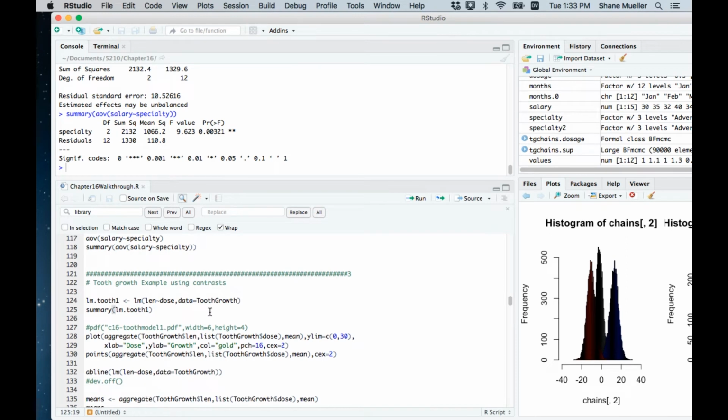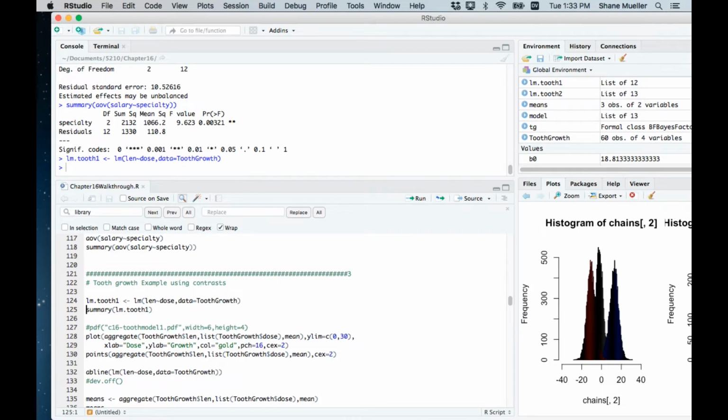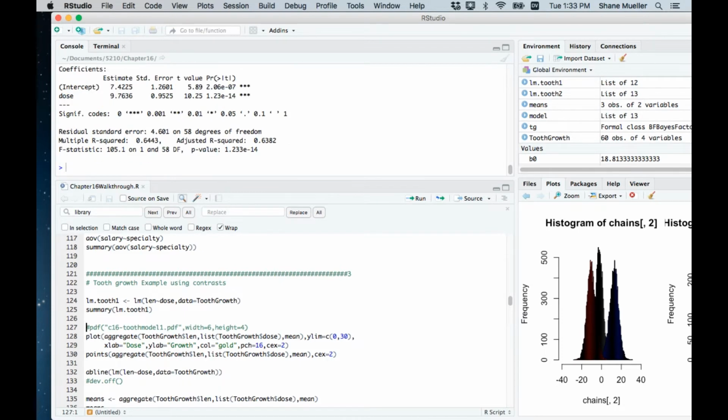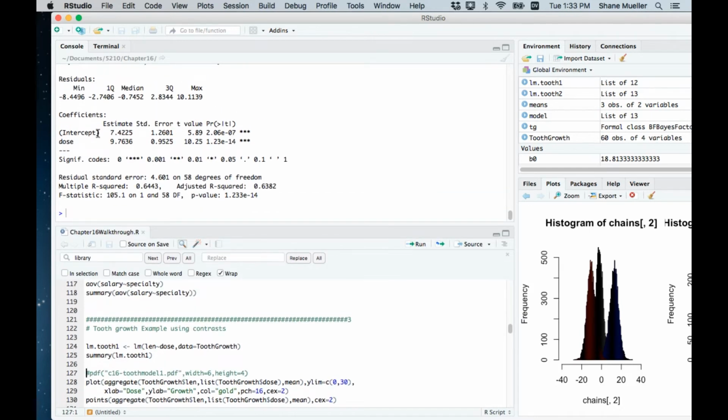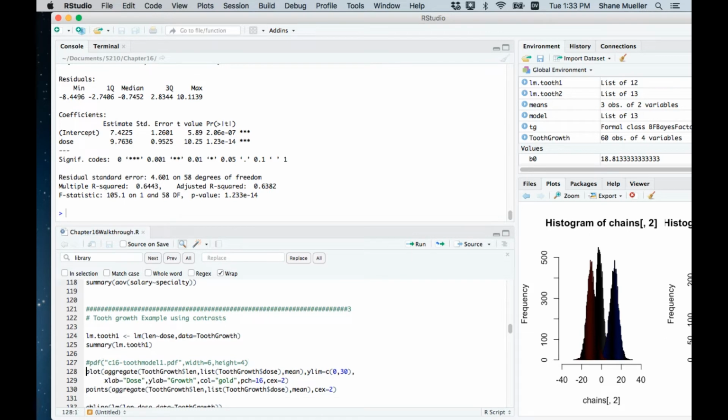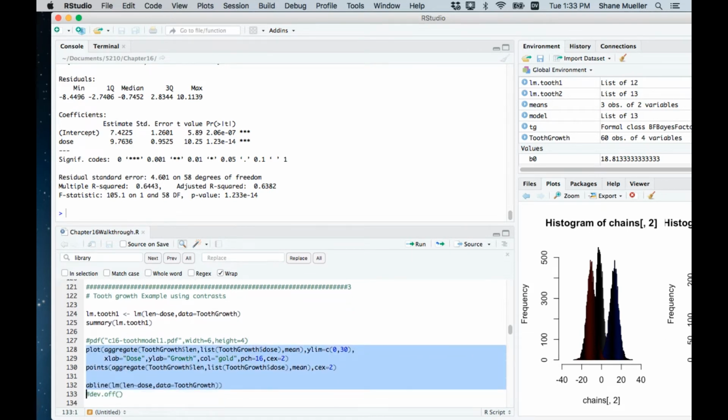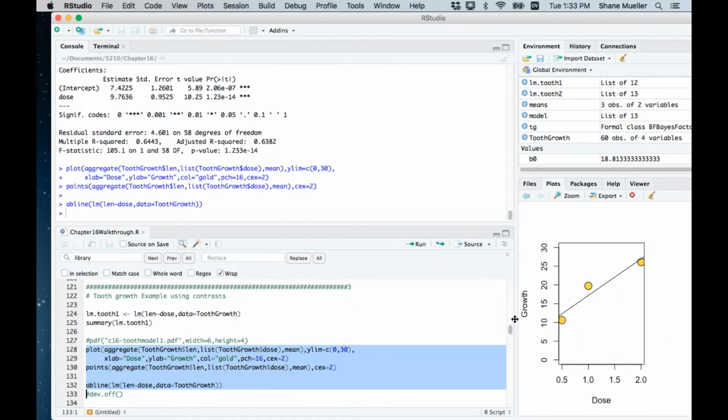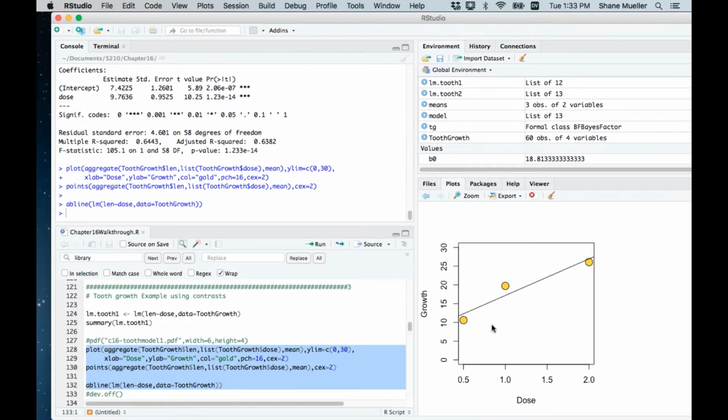Okay, so let's look at this on another data set. We've looked at the tooth growth data before, and we see that if we treat dose as a continuous variable, it has a relationship with the amount of tooth growth. But maybe we look at this and say, well, it doesn't really look linear to me.